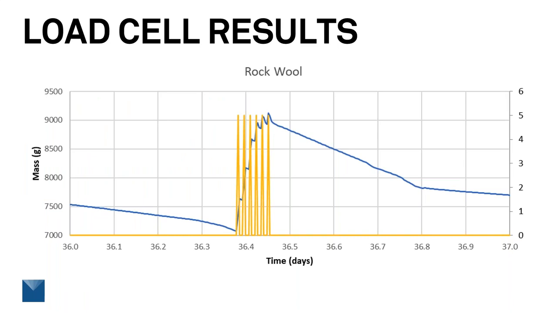Now this graph shows just a single day, day 36, during our experiment. The blue line is the weight from the load cell, and the value is shown on the left axis. The yellow line shows the 6 irrigation shots that were given for that day.